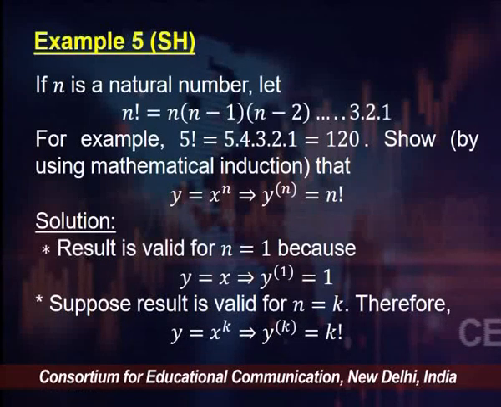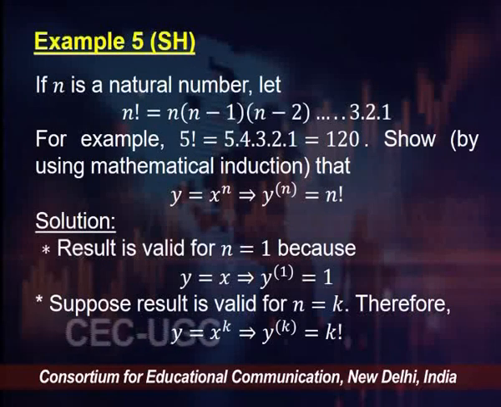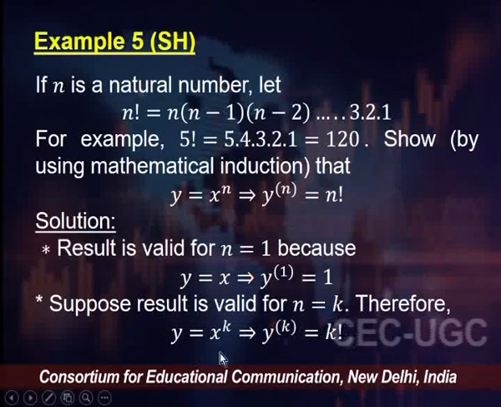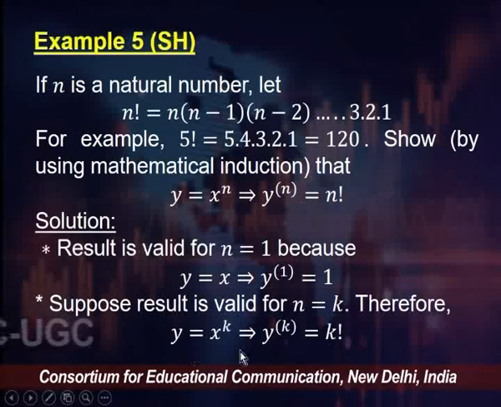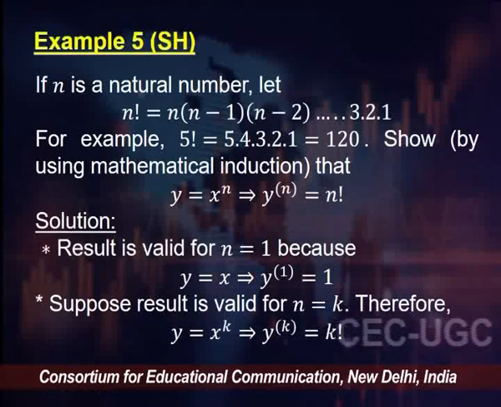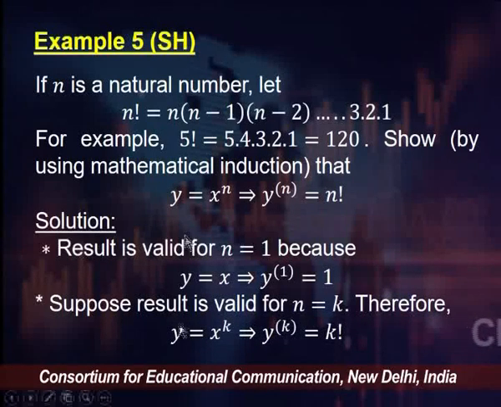Now, let us suppose that the result is valid for some general n is equal to k, and that would then mean that y equal to x to the power k, because now n is equal to k. So, y equal to x to the power k implies that the kth order derivative of y is k factorial. The kth order derivative of y with respect to x is k factorial.